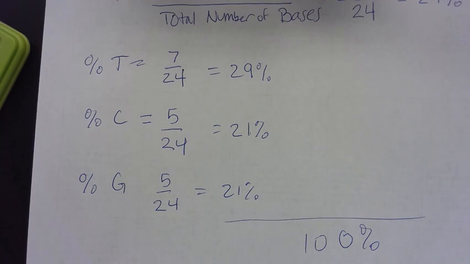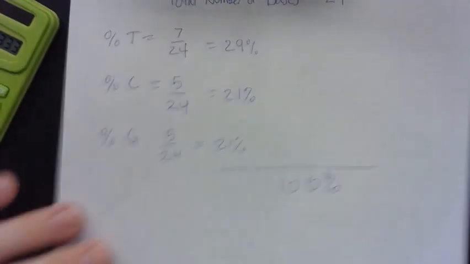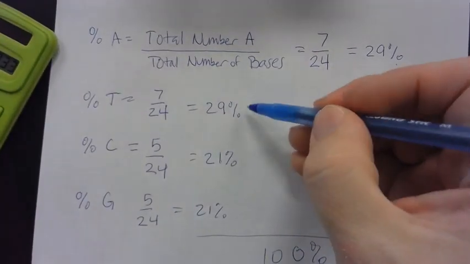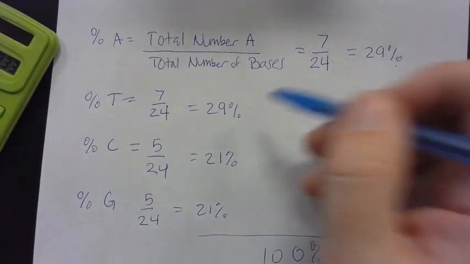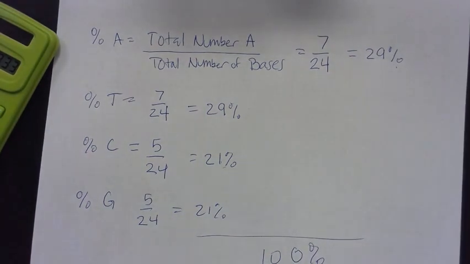And so when we're looking at how to calculate this, you're really just taking the number of that base over the total number. Now, this is 29 for A, 29 for T, and 21 and 21 for C and G. This is for this species.